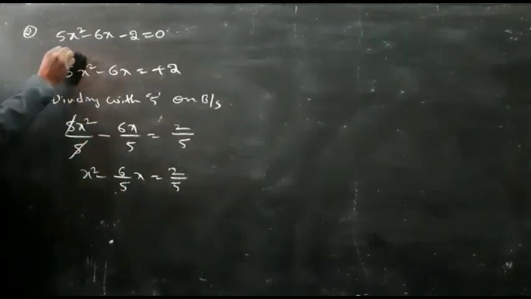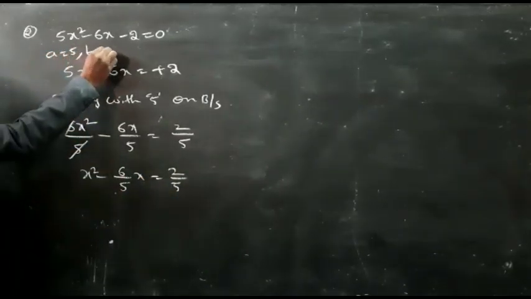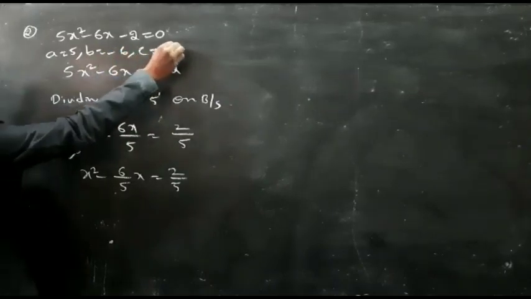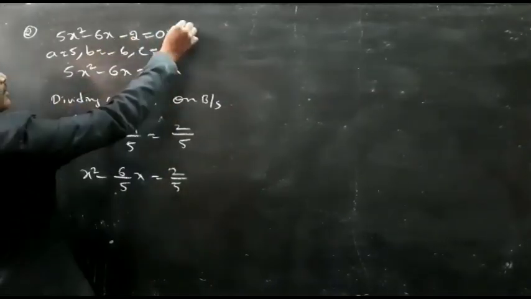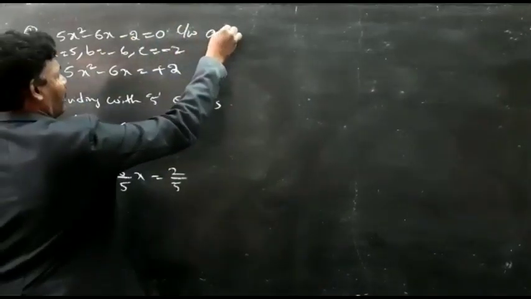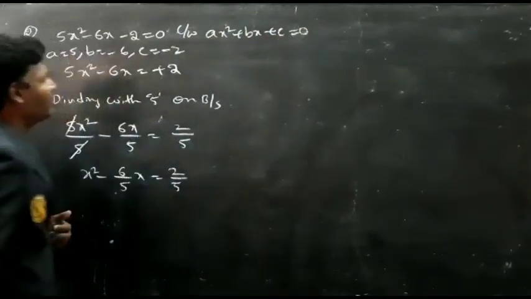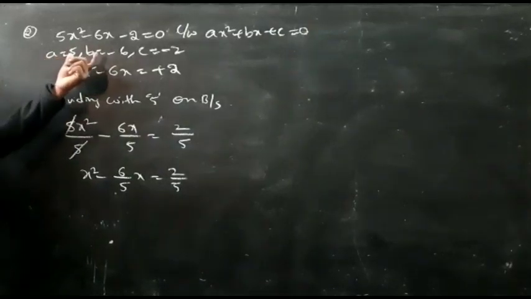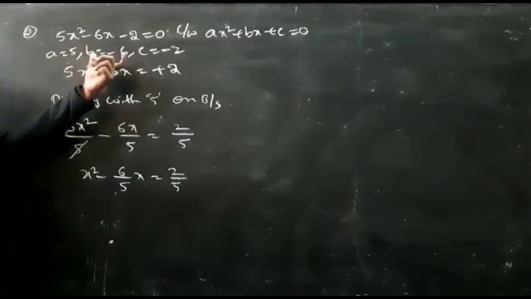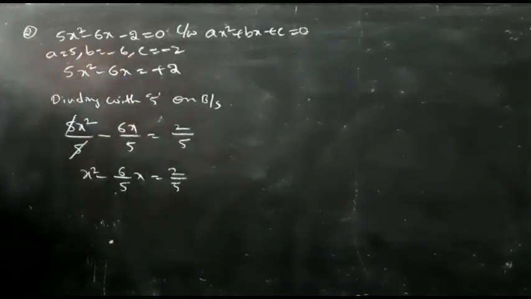So here a is equal to 5, b is equal to minus 6, c is equal to minus 2, comparing with ax square plus bx plus c is equal to 0. The value of a is 5, the value of b is minus 6, the value of c is minus 2.